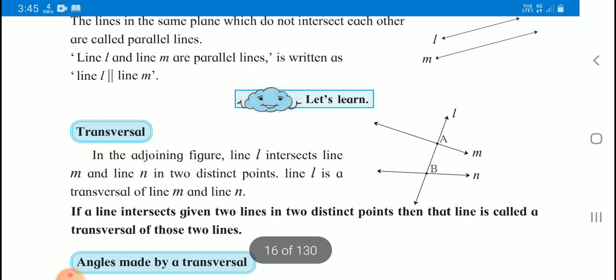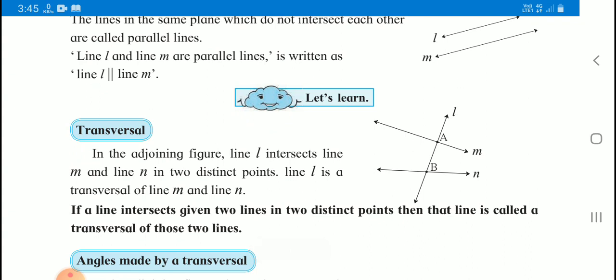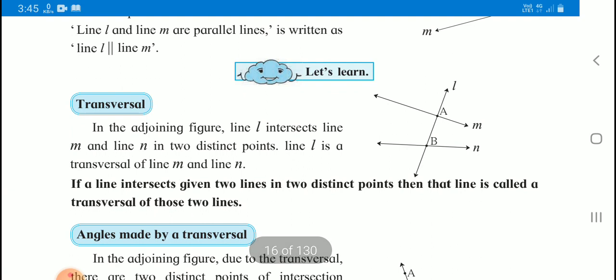Now next let us learn. Here they have given one figure. Here they showed the parallel lines M, N, and here they said that this line L intersects the lines M and N in two distinct points.